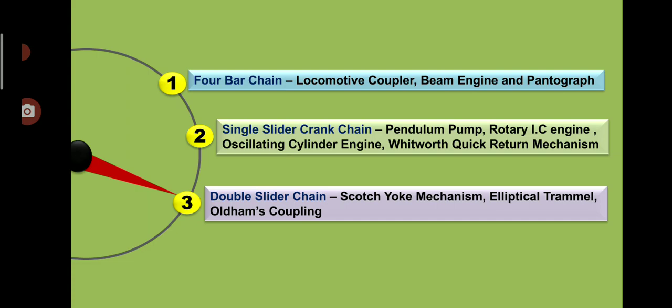And third is double slider crank chain, in which you will study Scotch yoke mechanism, elliptical trammel, and Oldham's coupling. Particularly in today's lecture, we will see only the 4-bar chain and the structures of locomotive coupler, the mechanism of beam engine, and pantograph.